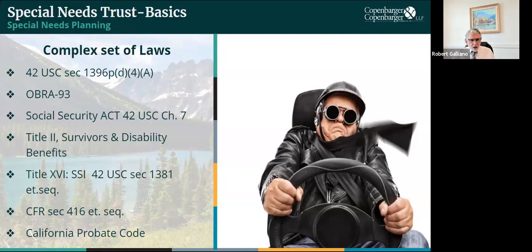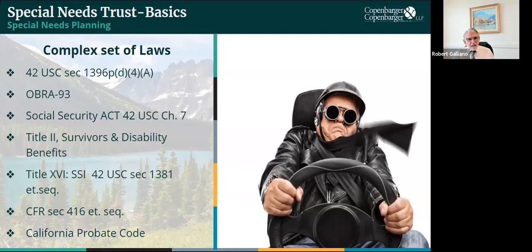The set of laws that control special needs is very complicated, very complex. It surrounds itself around federal laws. I have them on the screen. I'm not going to read them, but you can see the complexity of it. A lot of them have to do with Social Security Administration. They have to do with all the Medi-Cal rules that exist in California and all the Medi-Cal rules that are federal.